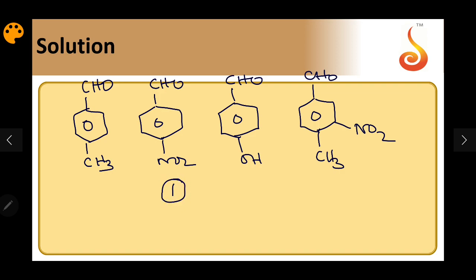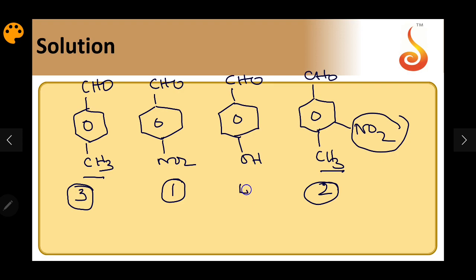Then the second one, we have a methyl group at para in both the reactants, but this has one extra nitro group. So, even though it is at meta, relative to compound number 1, this is more reactive. So, this is the second one. And the third one, obviously a methyl group, and OH is a plus R group. It is an activating, or I can say electron releasing group at para position. So, this will be the least reactive.